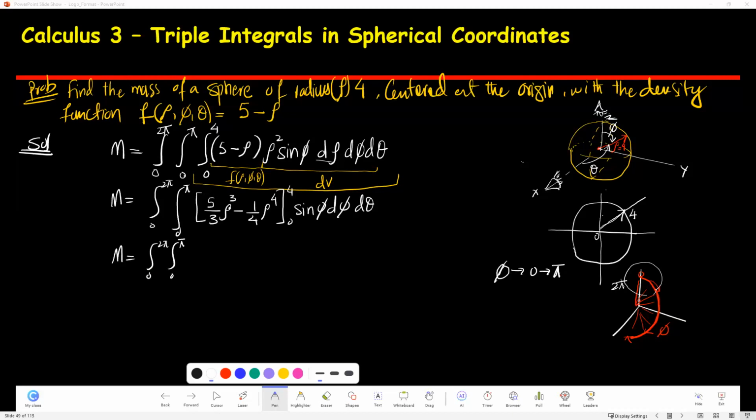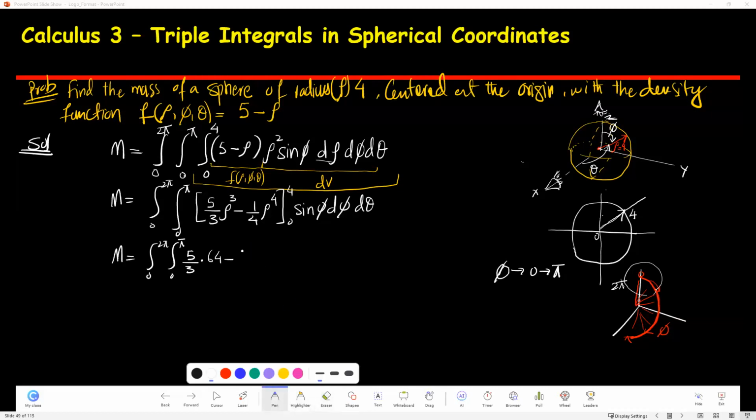So if I substitute, 4 times 4 is 16, and 16 times 4 is 64. So 5 over 3 times 64 minus 1 over 4 times 4 to the 4, which is 256 divided by 4 is 64.